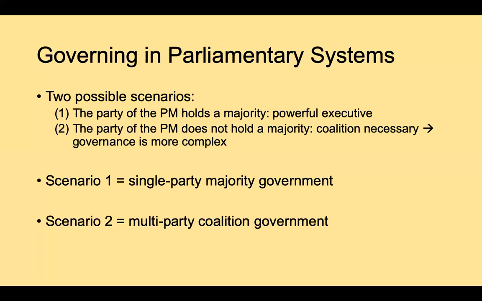And this is where things get more interesting, because here you have a variety of different parties who may have very different constituencies and different ideologies, different programs, different histories, different relationships, who need to come together and form a coalition that can support and uphold a government.